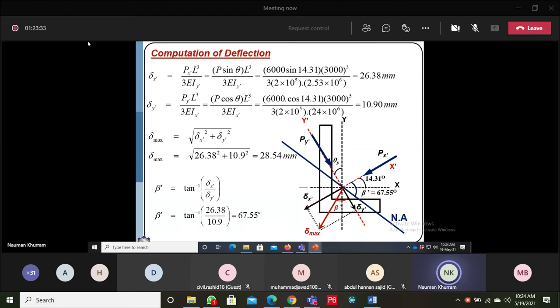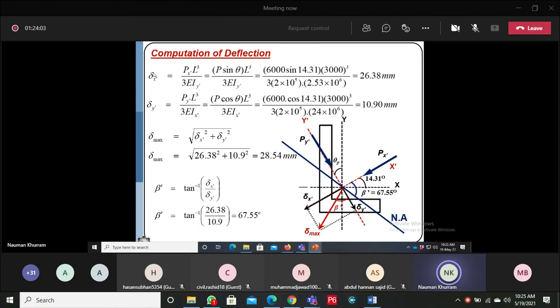So delta x bar is the component of deflection along the x principal axis, and this deflection will be produced due to the load which is acting along the x principal axis, because load acting along the x principal axis will produce the deflection along the x principal axis in the same direction.